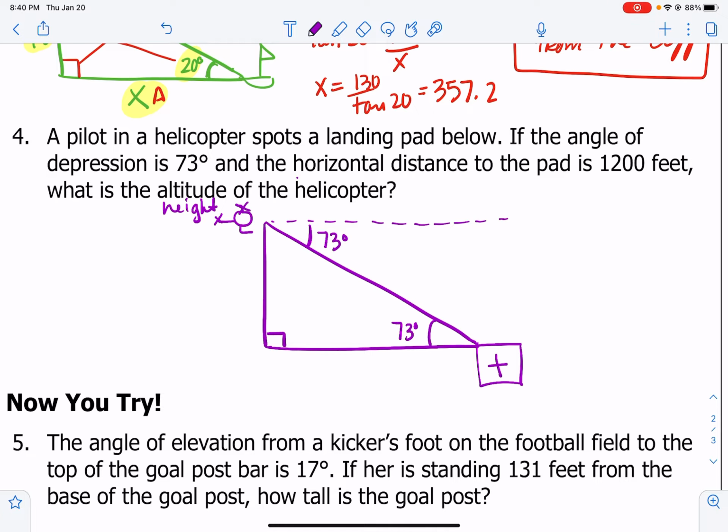And the horizontal distance is 1,200. Horizontal is this side. And what I'm looking for is the altitude of the helicopter.